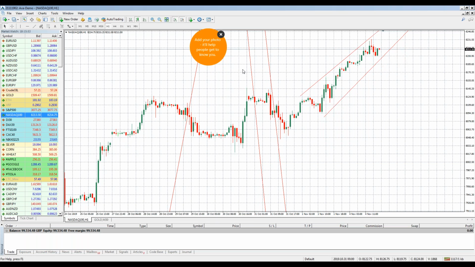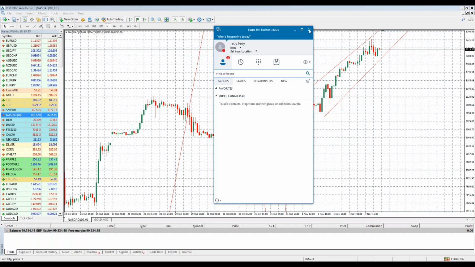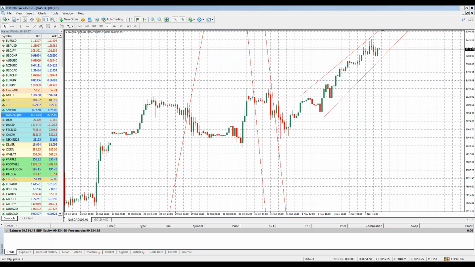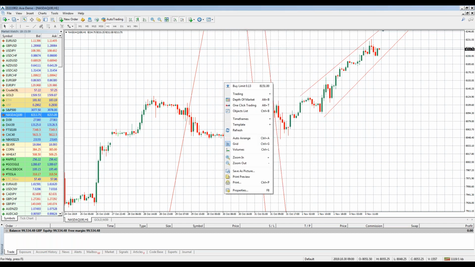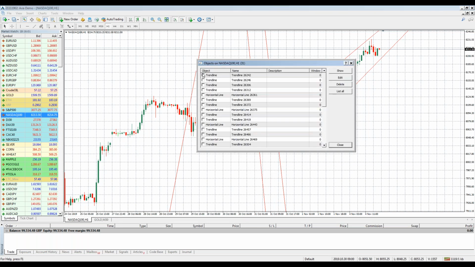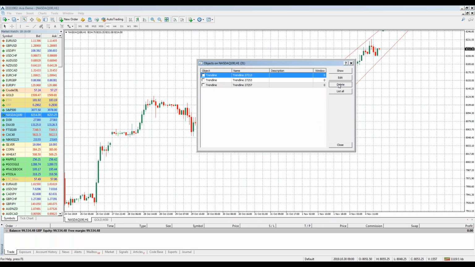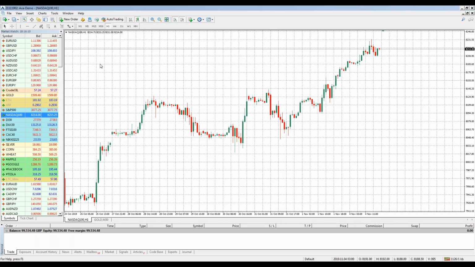What sort of technique could we have used here? If I take a look here, let's get rid of some of these lines. Simple technical analysis strategy. If I'm looking for a breakthrough strategy, here's my resistance point, resistance, resistance, resistance.